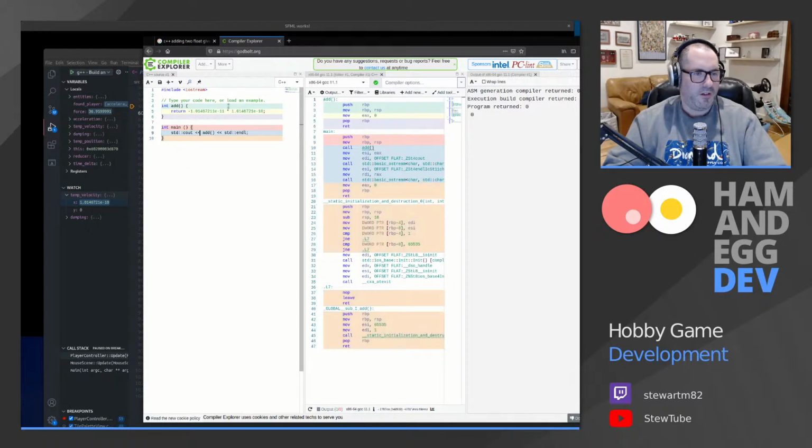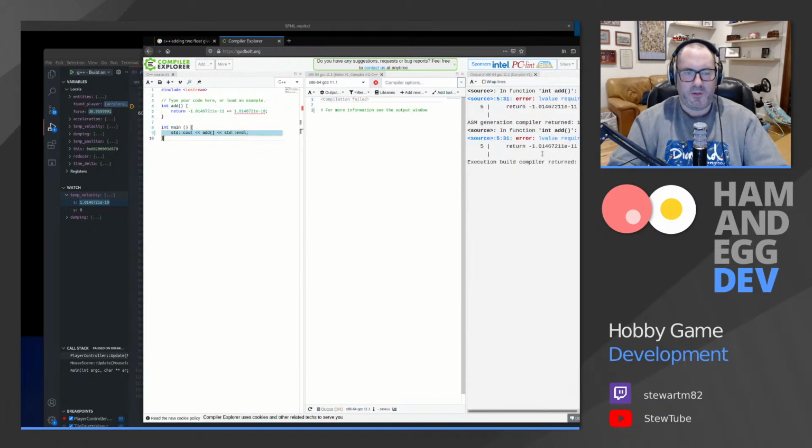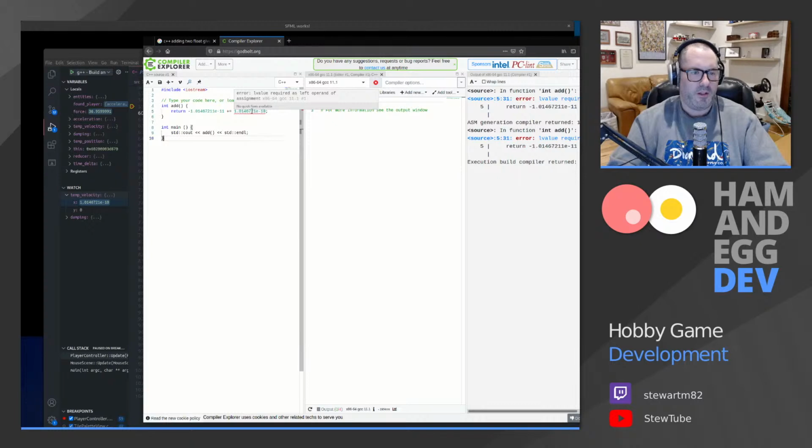Program returns 0. Or is that actually the exit code? Hang on. Well, that's not even the correct operator. So we're more interested in this operator. All right, so what's it complaining about? Why am I doing it like this? Let me try putting this in here.